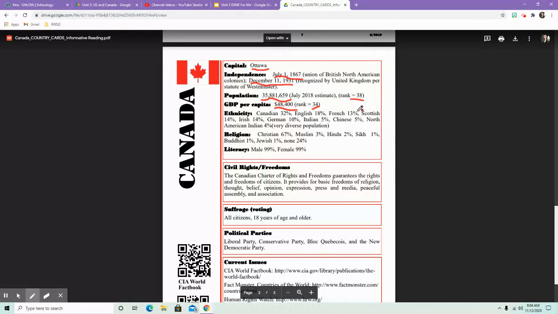One thing that's important to note, and something that might come up on your test, is that they have a lot of French people. So there's actually quite a bit of people in Canada that speak French because their French population is so high. Their religions vary, but their literacy is very similar to the USA. Very high literacy rates, remember, which means to read or write. About 99% of males and 99% of females.